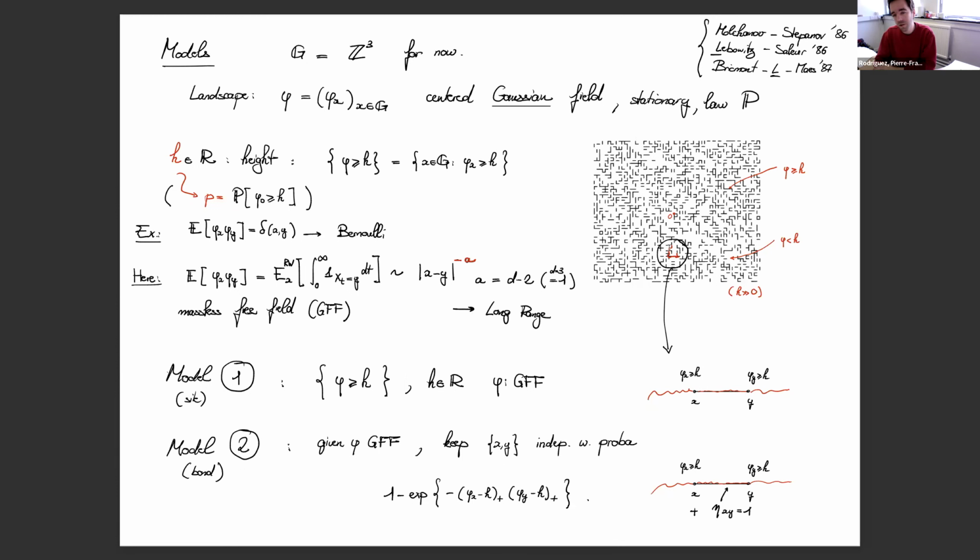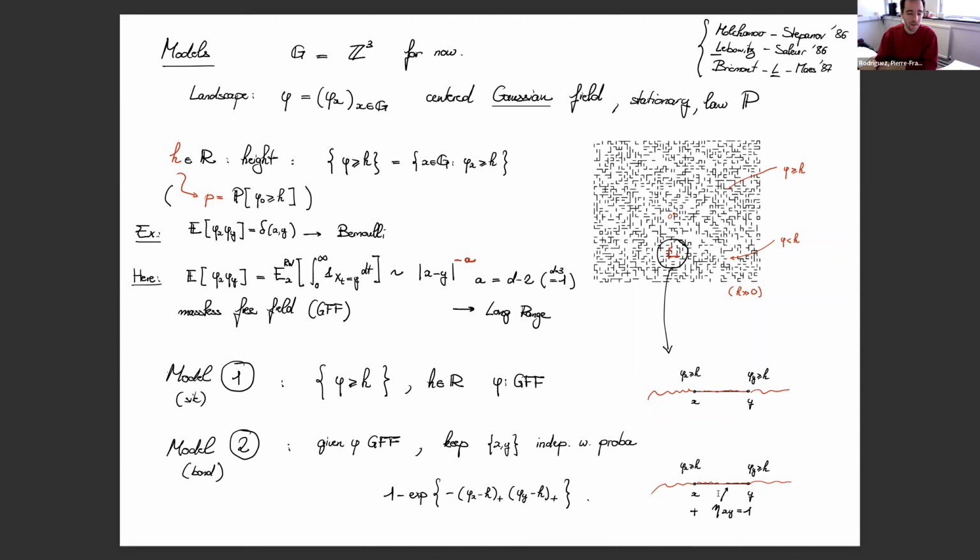Now, these open paths that I'm talking about in the landscape: in the first model, you can walk along any edge where the 2 endpoints have a value greater than or equal to h, and in model 2 you have this constraint plus the extra constraint that the bond variable is open.